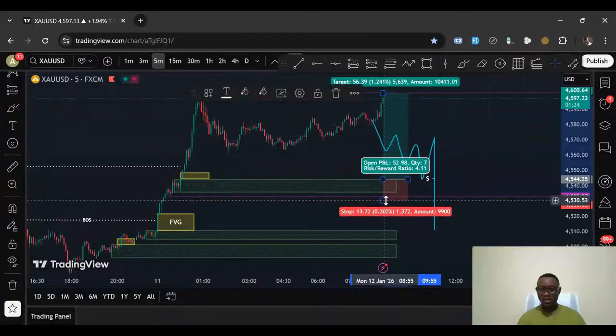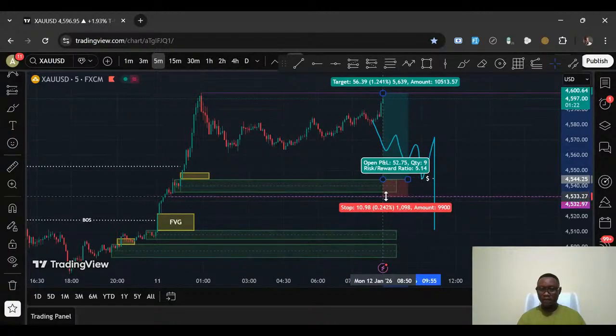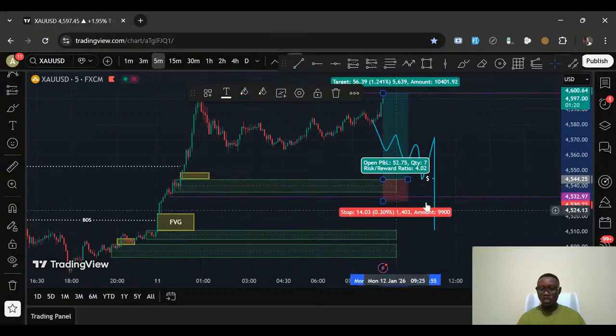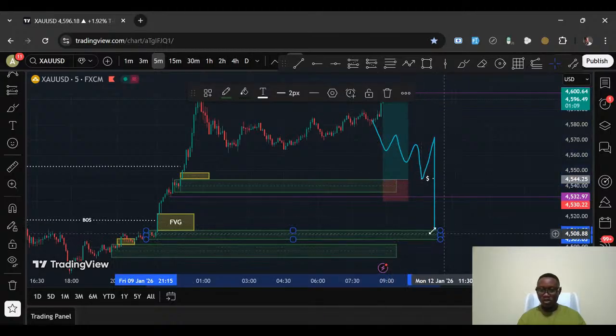Some might place it here, or even right here. So all of this are liquidity zone for price to just tap into, strip available liquidity, then go to the rear order block zones before it makes the main move.